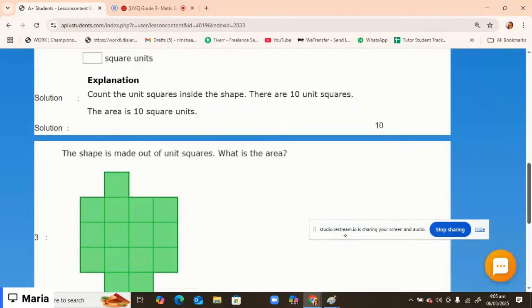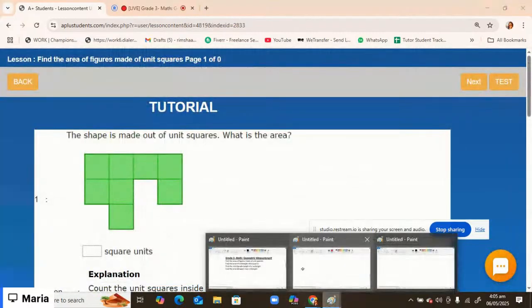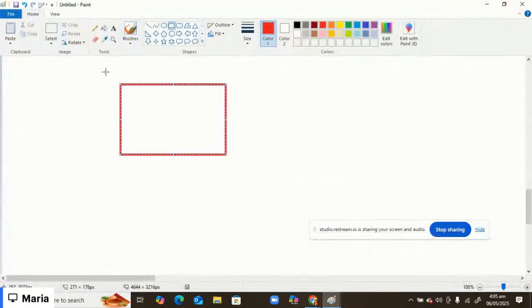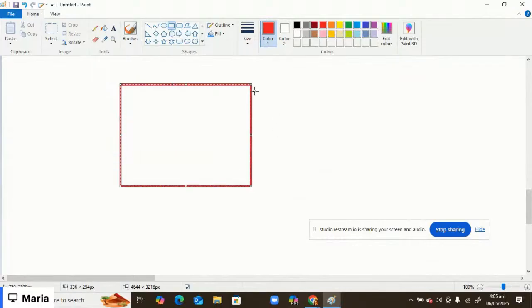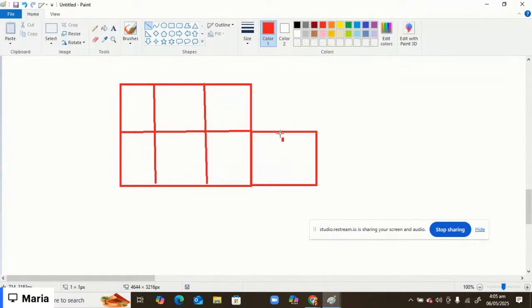Now let's do, for example, if I'm going to write it here. All right, guys, can you tell me what is the area of these square units?